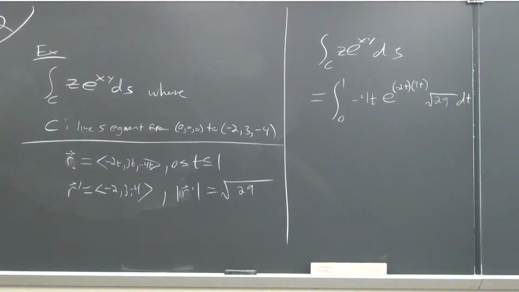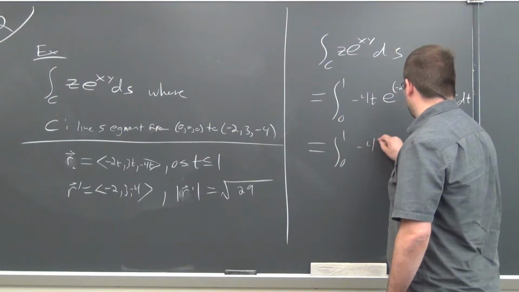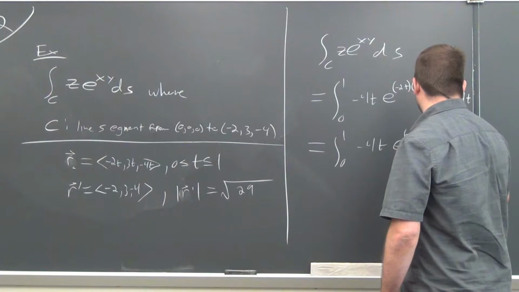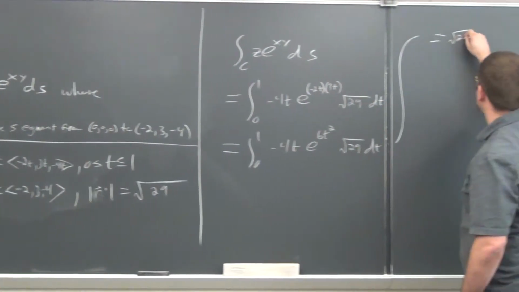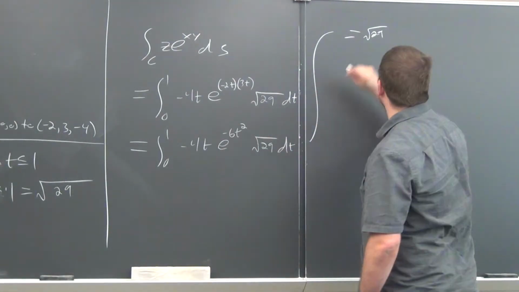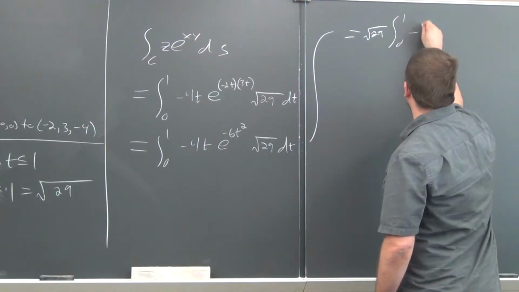Okay? And so now we should be able to do this with just a substitution. You get the integral from 0 to 1 of e to the -6t squared times root 29 dt. Oh, -6. Thank you. Okay, well, that's great.